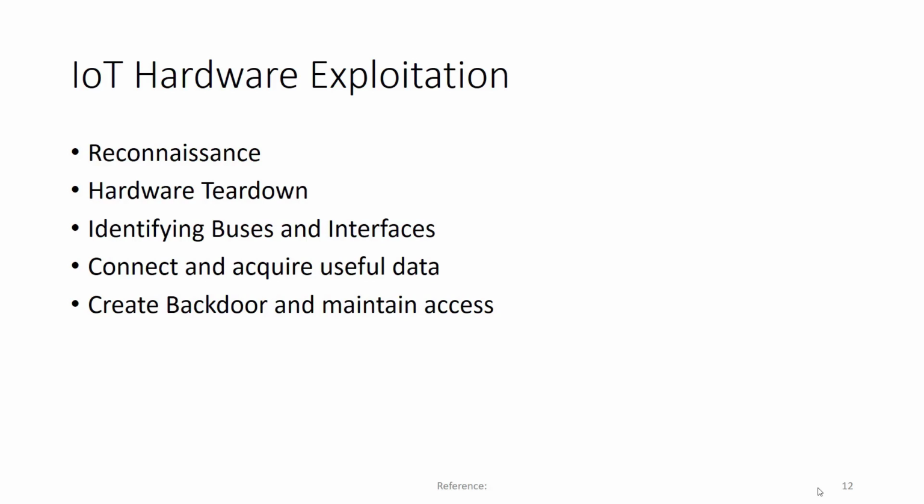We need to search it and find what components are available on that device without opening it. We can find the data sheet. We can find the details of the chips and components being used and any other tests or data available on the internet about that device.